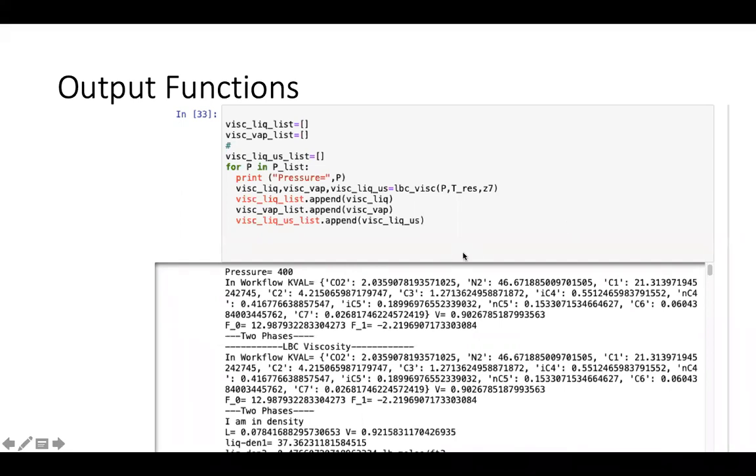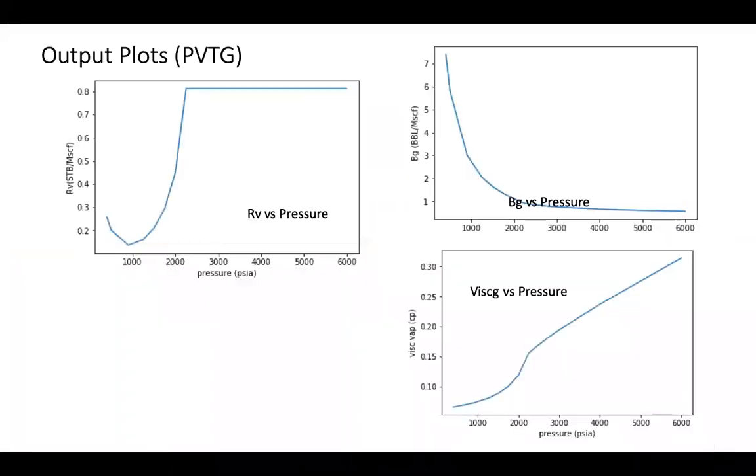Okay, this viscosity function, when you execute it, generates a table of oil viscosity versus pressure and gas viscosity versus pressure. If you look at the results, I am looking at the PVTG table: CGR versus pressure, formation volume factor versus pressure, gas viscosity versus pressure, okay.